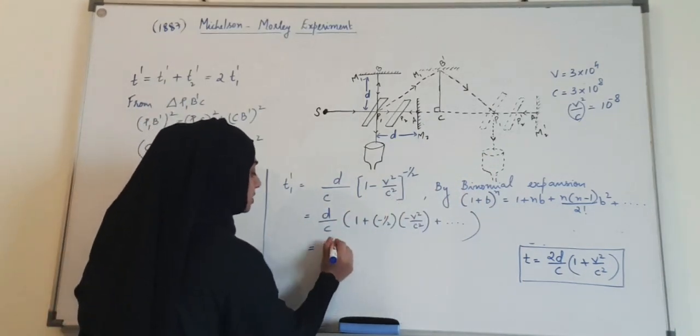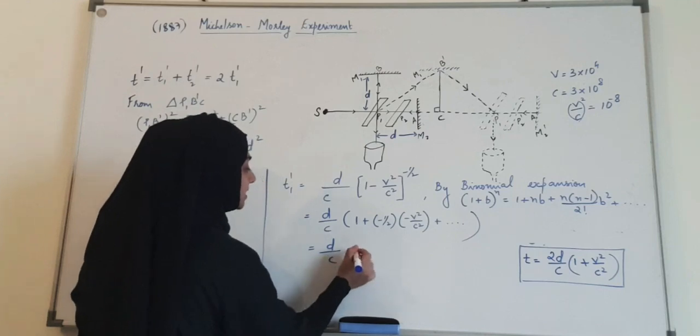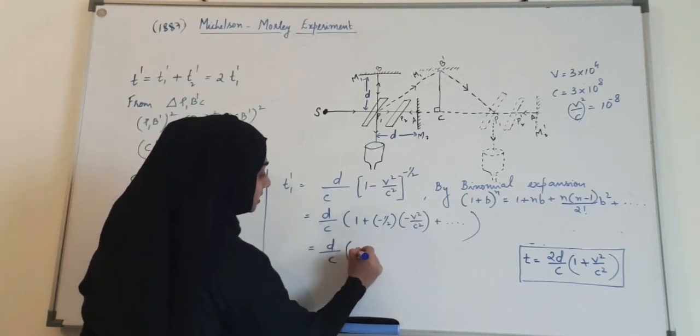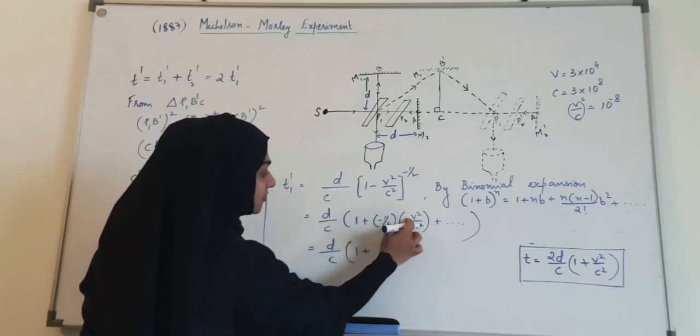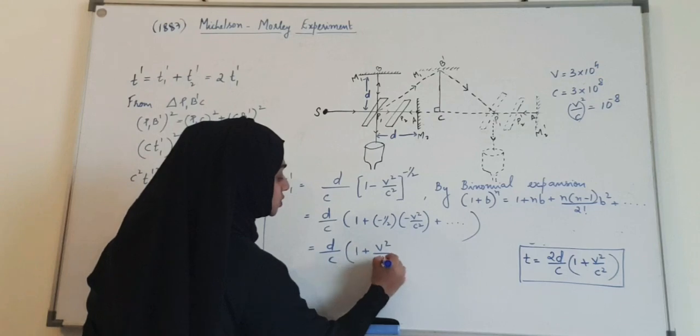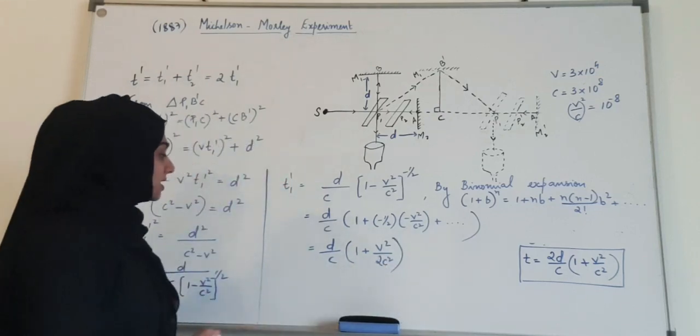So this is equal to d by c times 1 plus minus half times this, plus b square by half is there, so 2c square. So this is the expression.